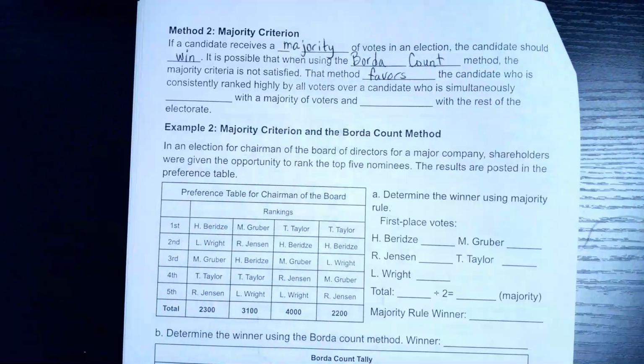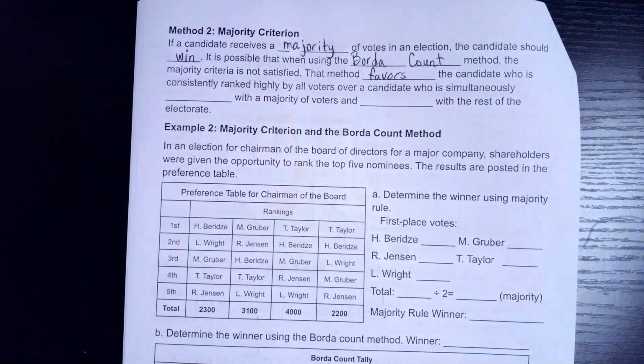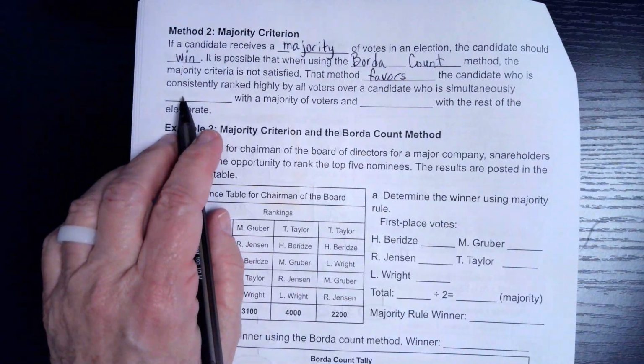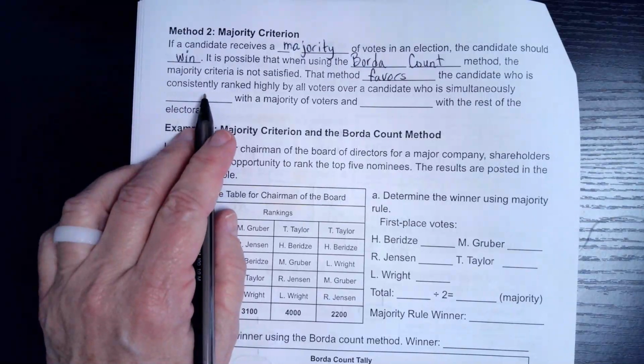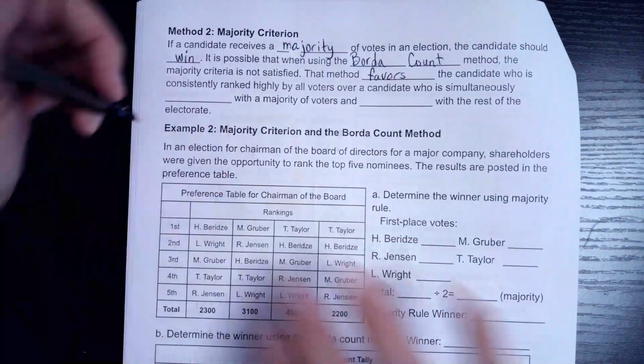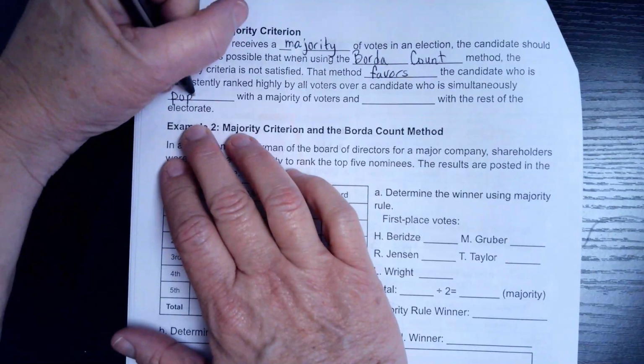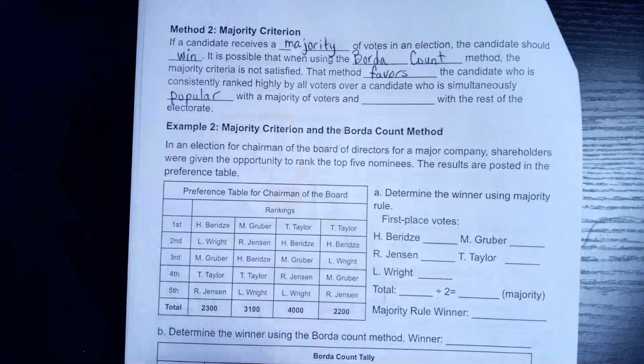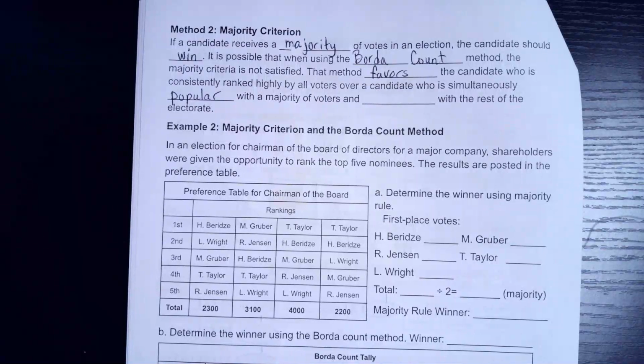That method favors the candidate who is consistently ranked highly by all the voters over a candidate who is simultaneously winning with the majority of voters. It's actually, they are popular with a majority of voters and blank with the rest of the electorate.